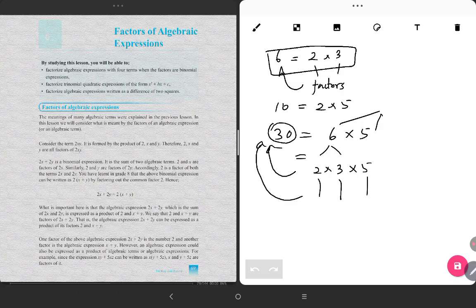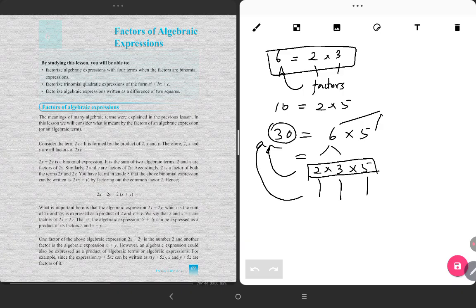Now, here in the case of 30, we can write it as a multiplication of three numbers. Then those three will become factors of the product, the final number that you get when you multiply.